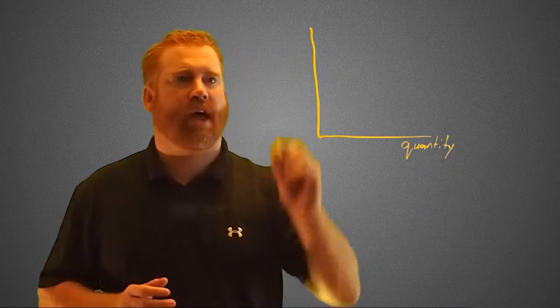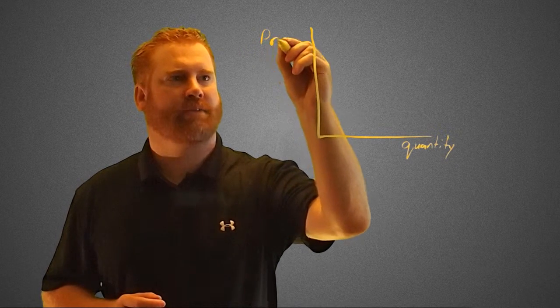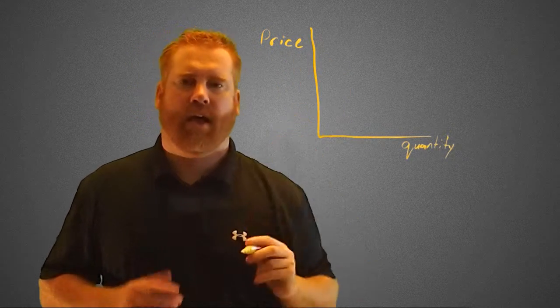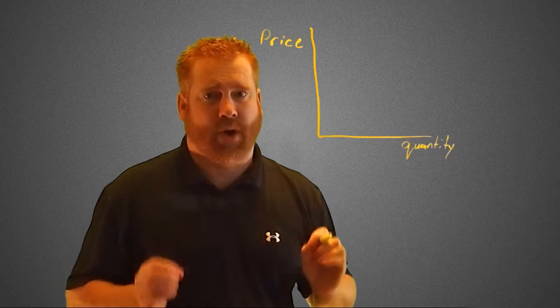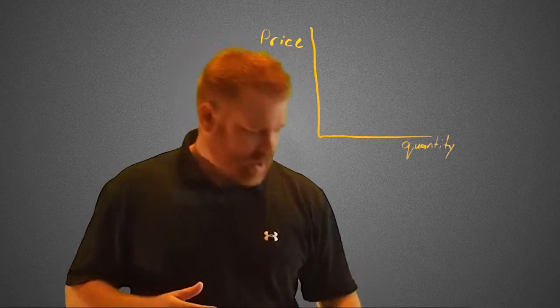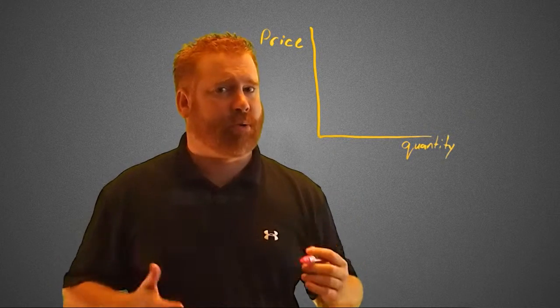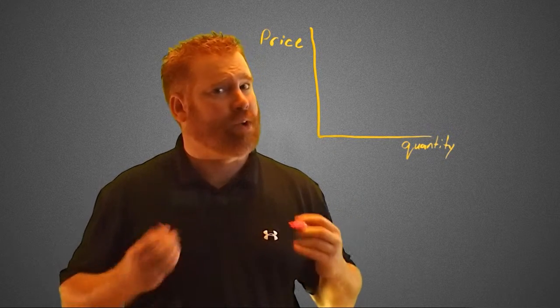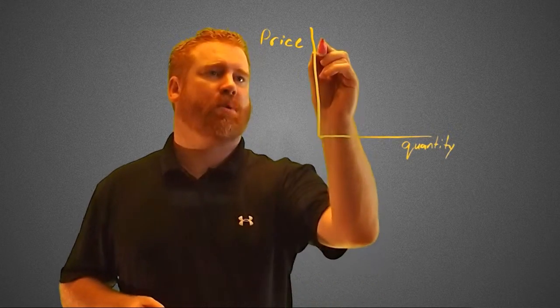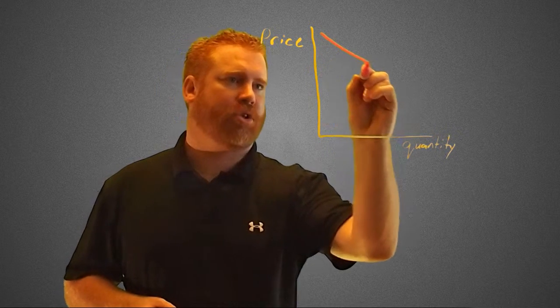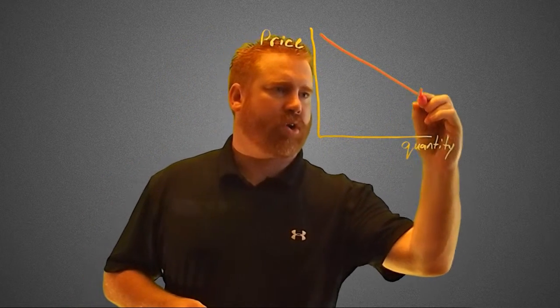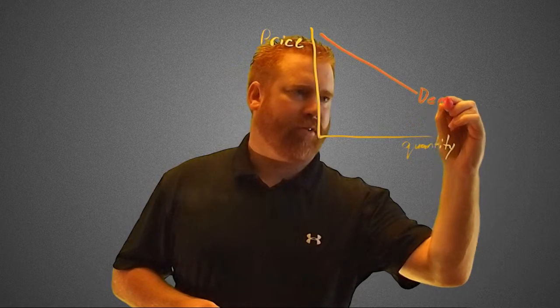And on the vertical axis, we will have price. And that's going to be obviously the price of the product. Now, we said before that for the law of demand, as the price decreases, the quantity purchased increases, or the quantity demanded increases. So what we're going to see is a downward sloping curve. And this is what we call a demand curve.